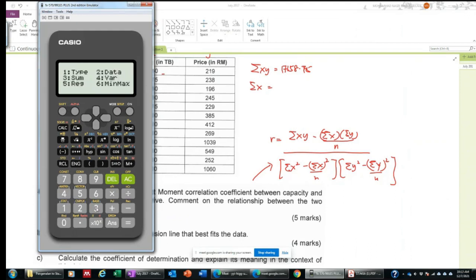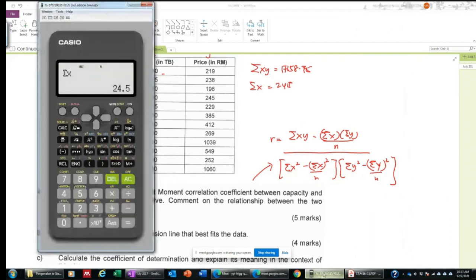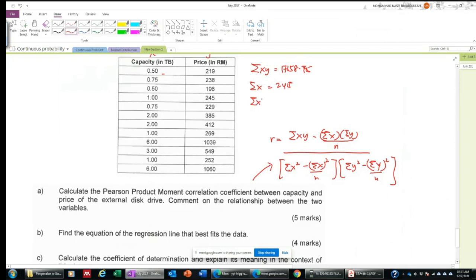To get all the marks, you need to do whatever I did. If you don't do all this, maybe you lose marks. 24.5. X square is number 1. So summation of x squared is equal to 93.625.